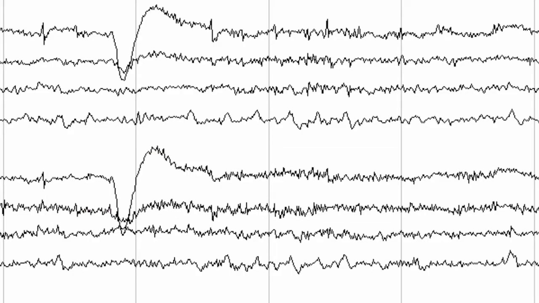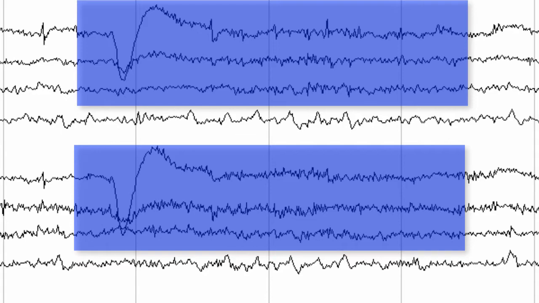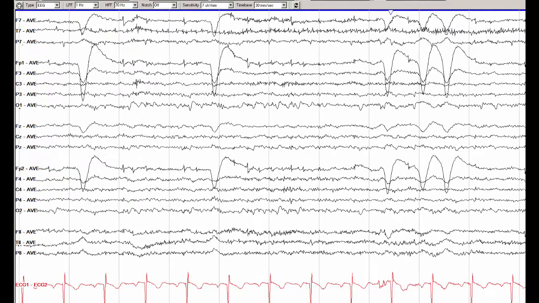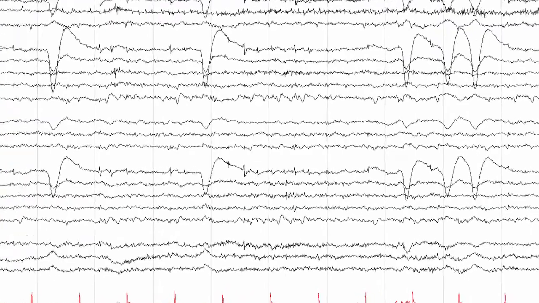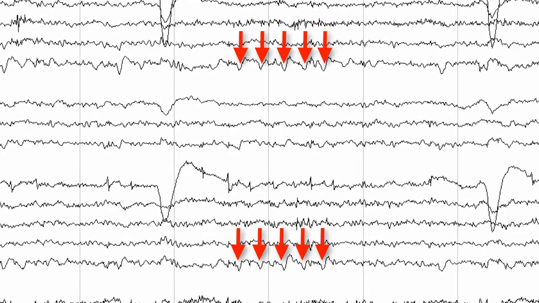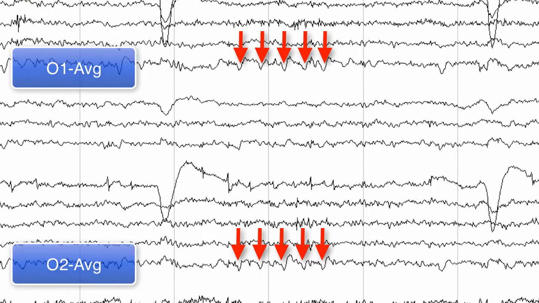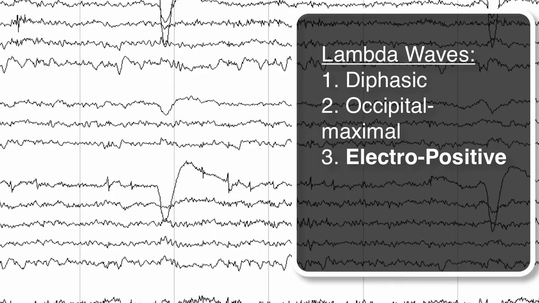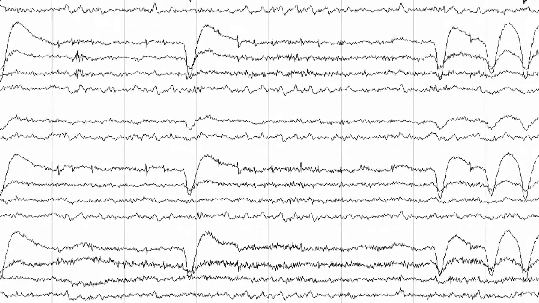Because there is no evidence of these waveforms more anteriorly, the most parsimonious explanation is that these are electropositive at O1 and O2. To convince you further, I have switched to an average reference montage, and you can see that these waveforms now have a downward deflection in the O1 and O2 channels with reference to the rest of the head. This provides further evidence that these are electropositive waveforms.